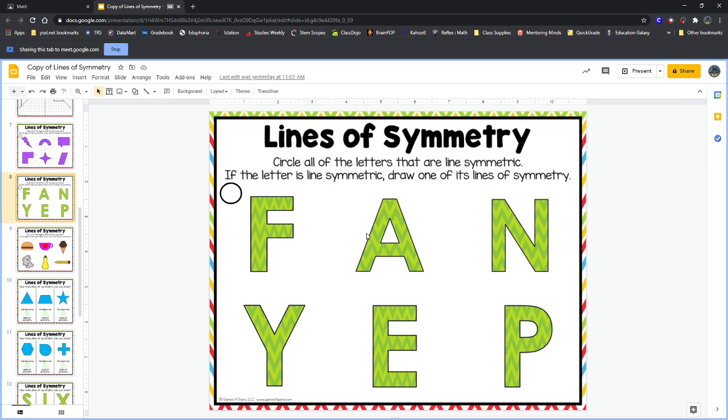What about the letter A? Does the letter A have any lines that I could draw where I would have two congruent sides, same size and same shape? Christopher, what do you say? Yes or no? So there's no place on the letter A that I could find a line of symmetry?